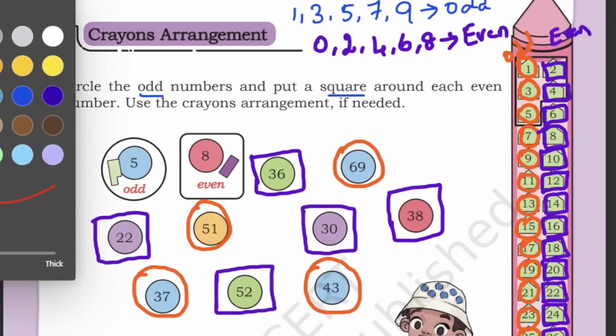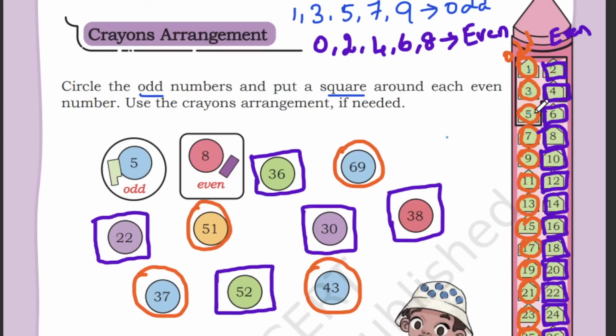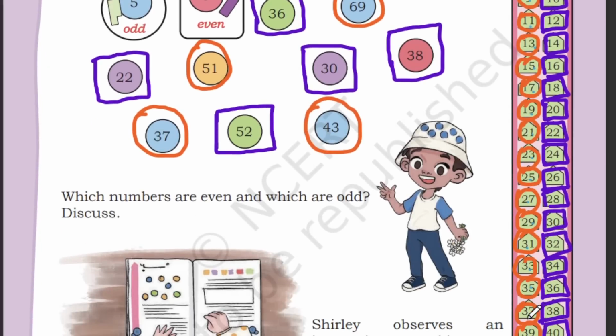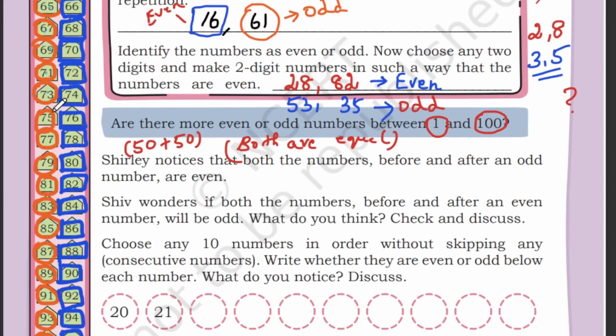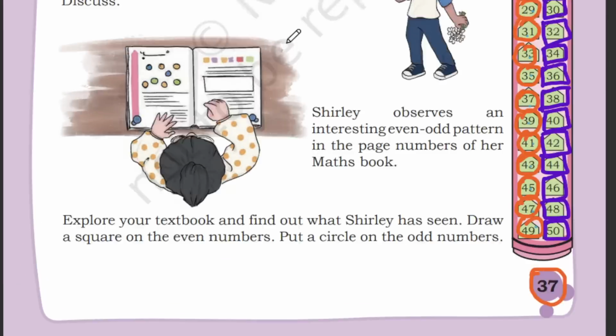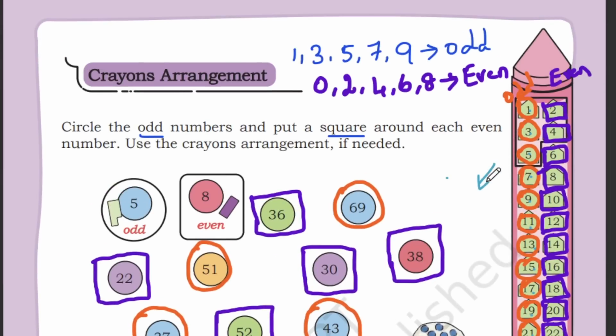I will take this light blue color and count to show you. 1, 2, 3, 4, 5, 6, 7, 8, 9, 10, 11, 12, 13, 14, 15, 16, 17, 18, 19, 20, 21, 22, 23, 24, 25, 26, 27, 28, 29, 30, up to 50. So we got 50 odd numbers.